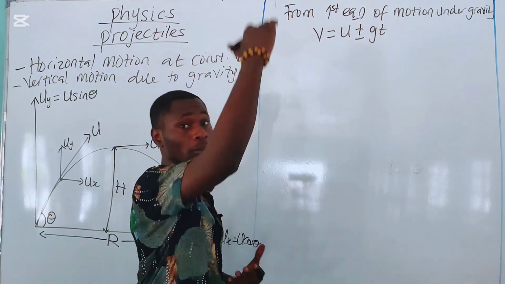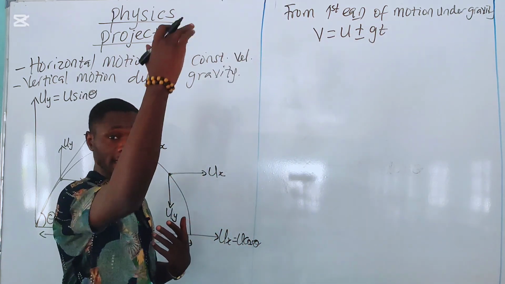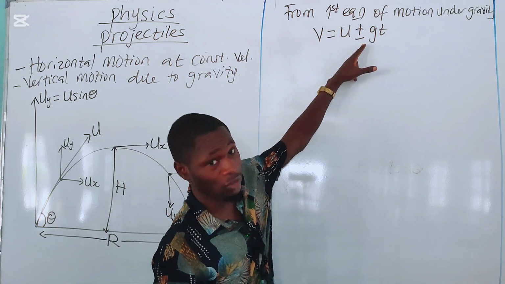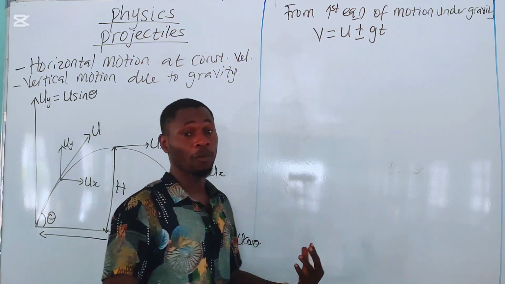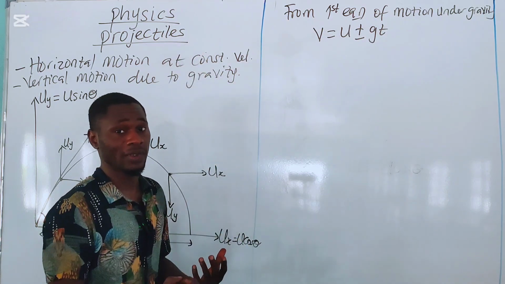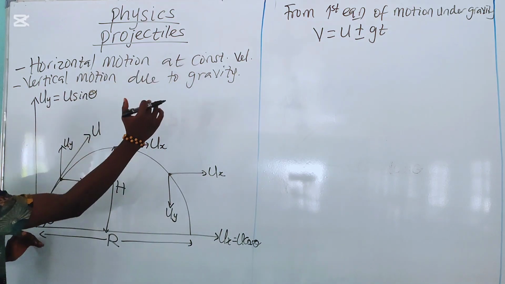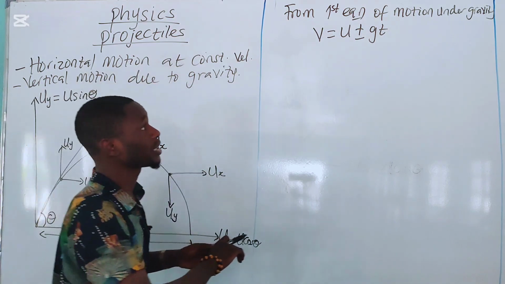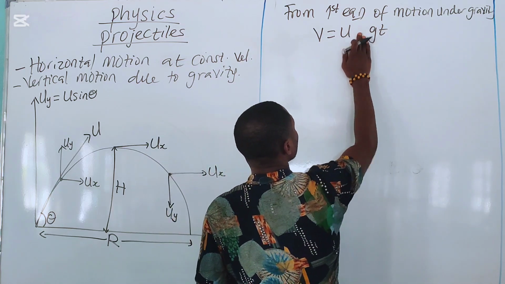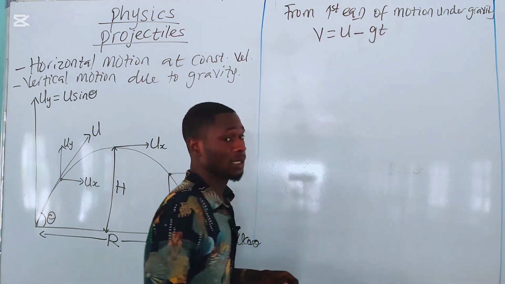Now, for an upward movement, the body is going against gravity, so it's going to be a minus gt. But for a downward movement, the body is acting along gravity, so it's going to be a plus gt. So since the projectile is thrown into the air, it's going against gravity. So that makes it what? We have U minus gt.